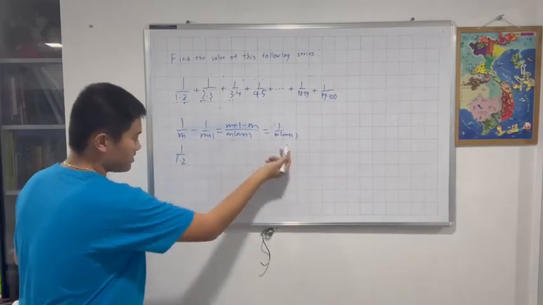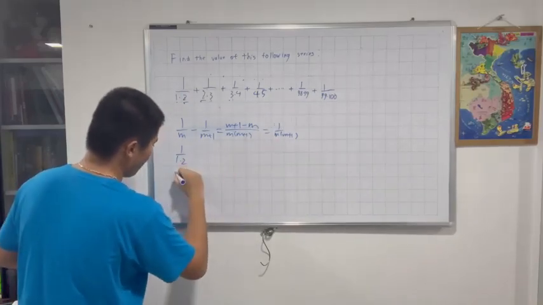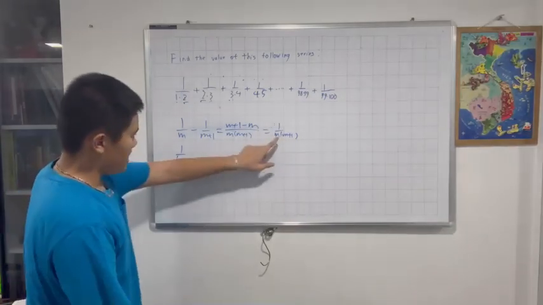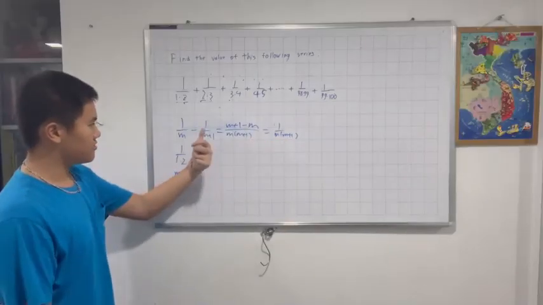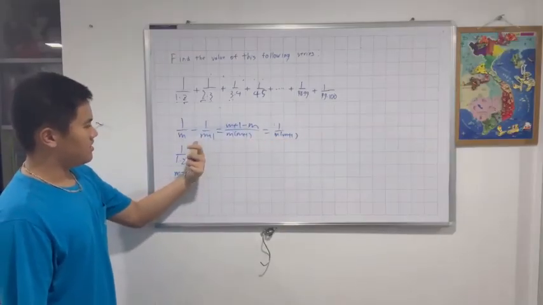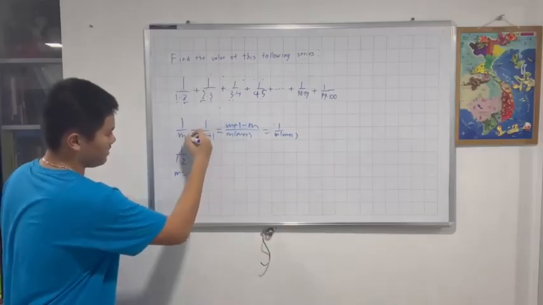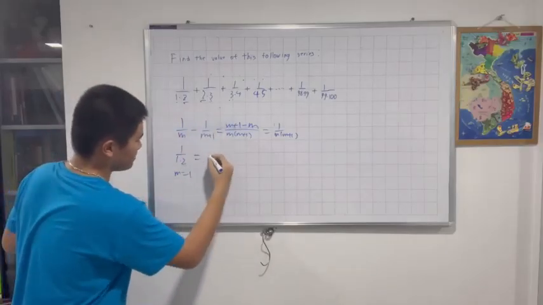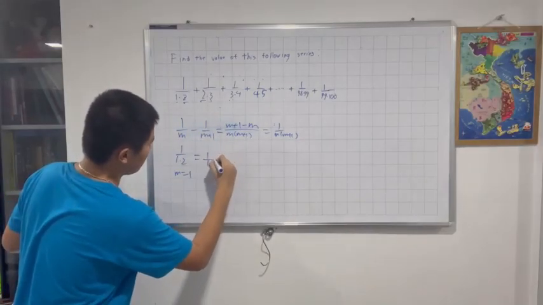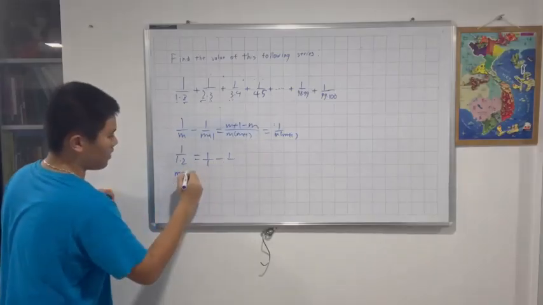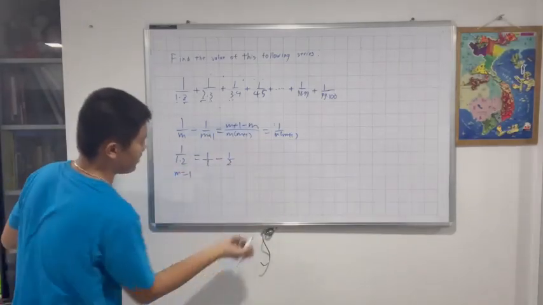Compare, it's the same, and this time m equals 1. So this equals 1 over 1 minus 1 over 1 plus 1, which is 2, right?